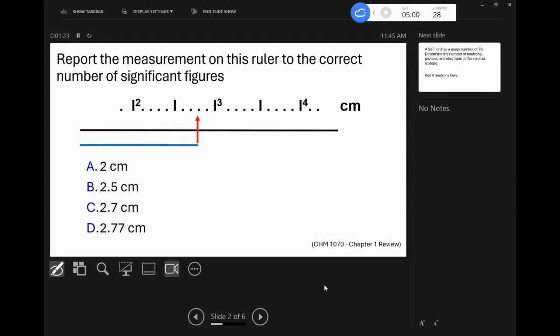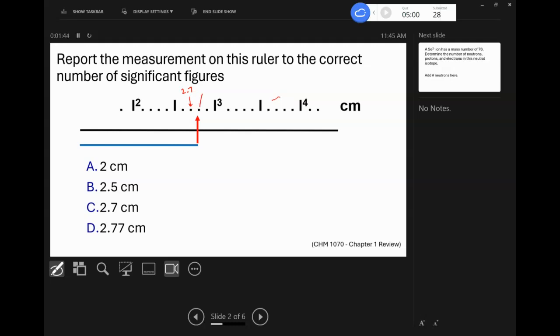Then next we had the ruler. So we are looking at centimeters. We have hash lines for 2 centimeters, 3 centimeters, 4, and then in between for 0.1, 0.2, 0.3, 0.4, 0.5, etc. So right here, we know at this point we have 2.7 centimeters for sure.